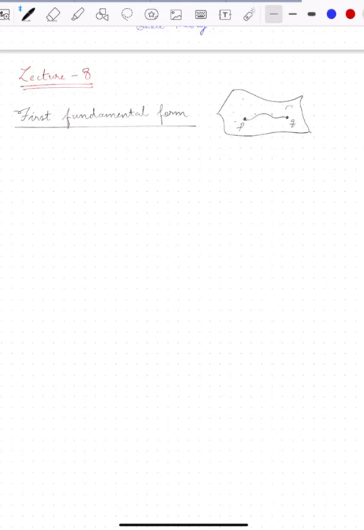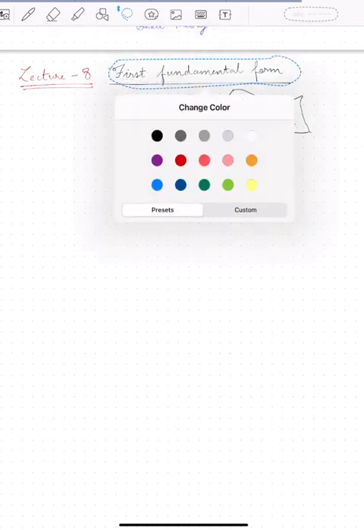First of all, in the first fundamental form, we will talk about lengths of curves on surfaces.